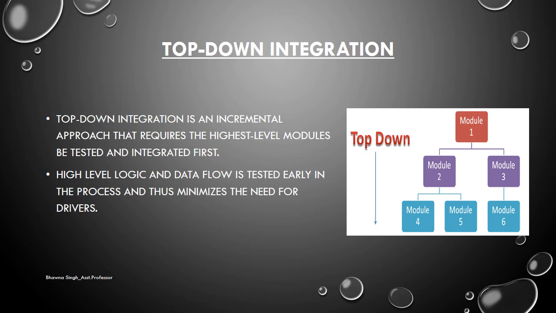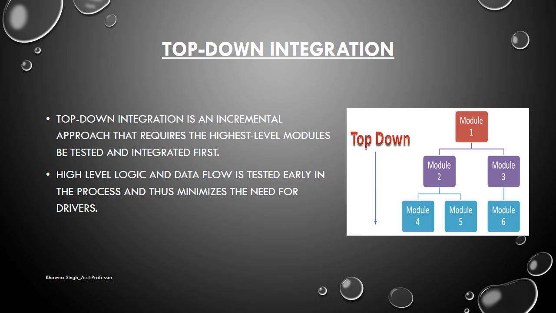Top down integration is an incremental approach that requires the highest level modules be tested and integrated first. High level logic and data flow is tested early in the process and thus minimizes the need for drivers. That means in top down integration we are testing the higher level modules first, and then we come down further and test the smaller level modules or sub modules at the end.